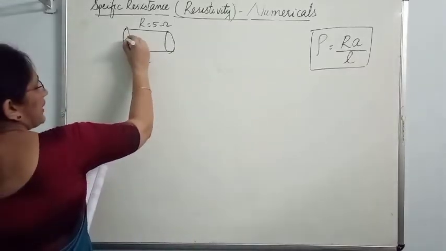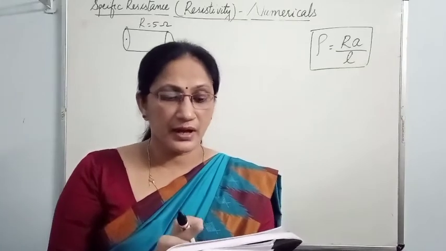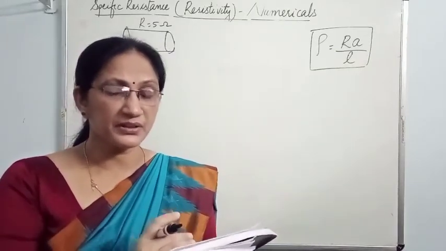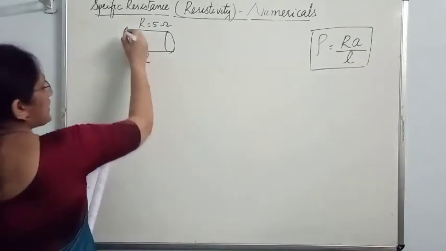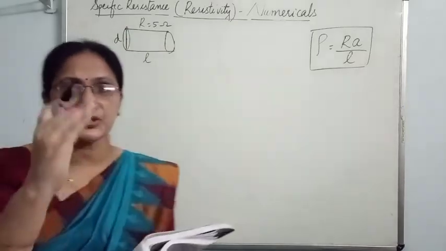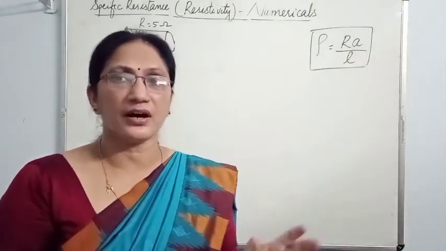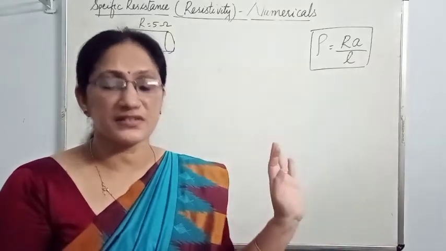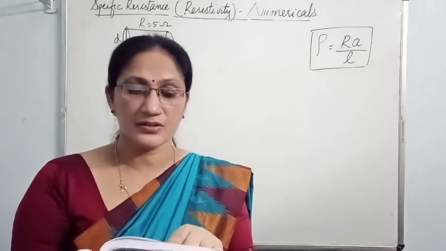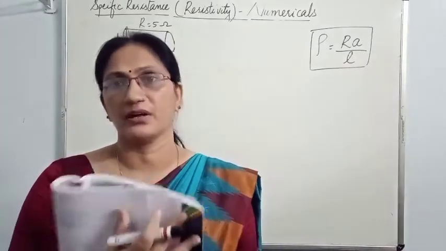Here it is mentioned about diameter. You are stretching this wire so that the diameter becomes half. Let us take the initial diameter as D. Initial diameter of the wire is taken as D, and length unknown L. Only resistance we know, that is 5 ohm. And this wire is stretched so that its diameter becomes half of the initial value.